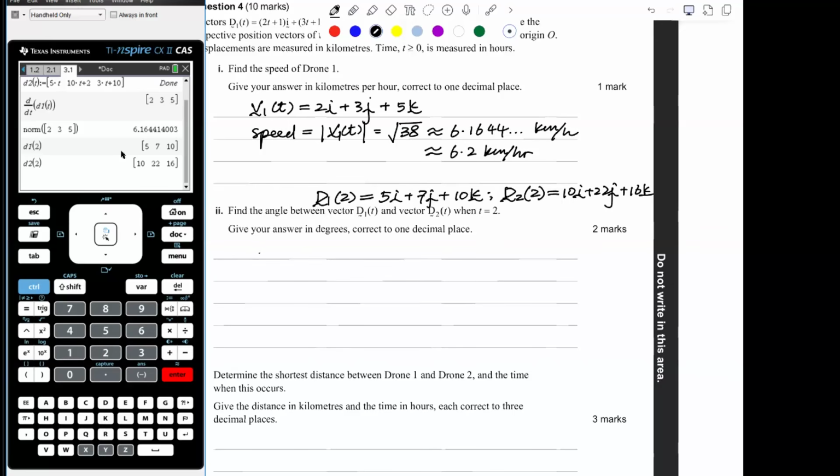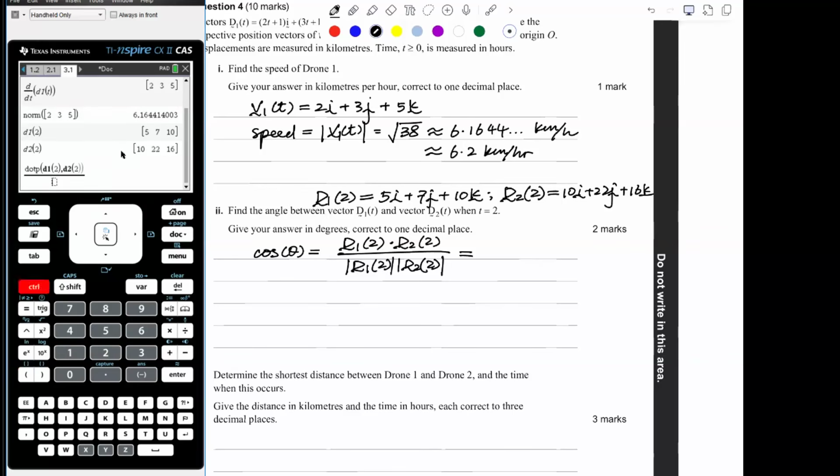Therefore, the angle between them, cosine theta equals d1 of 2 dot product d2 of 2 divided by the multiplied two magnitudes, and then we take the arc cos of this value, convert it to decimal degrees.